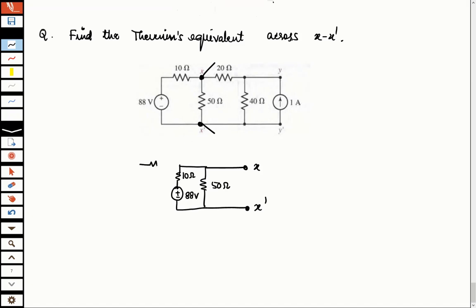Then there is this 20 ohm, and then 20 ohm and 40 ohm. This together is in series. Like this. And then parallel to 40 ohm, you have this 1 ampere source. Okay, so I have just redrawn it so that it is convenient and simple to interpret.